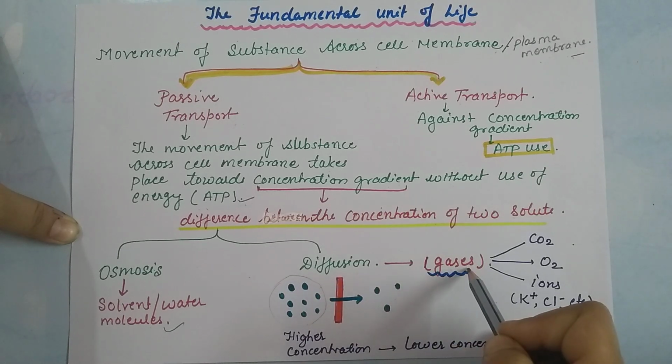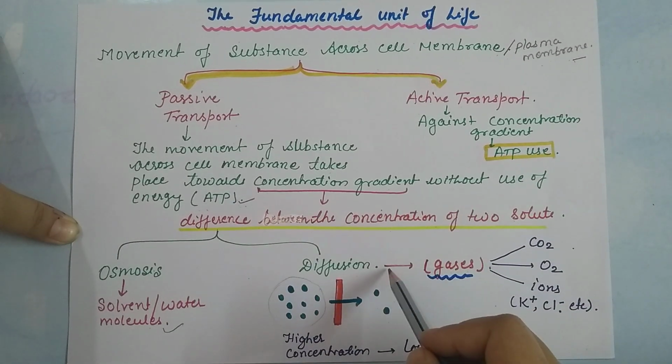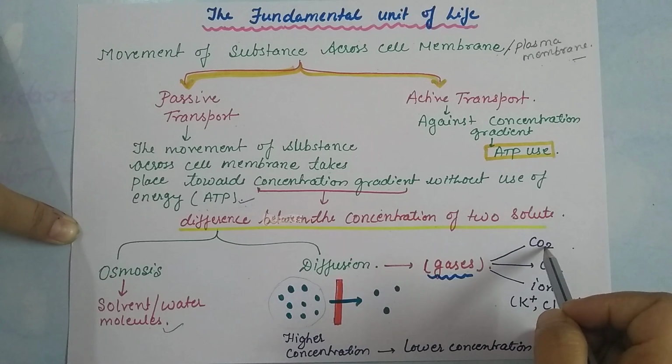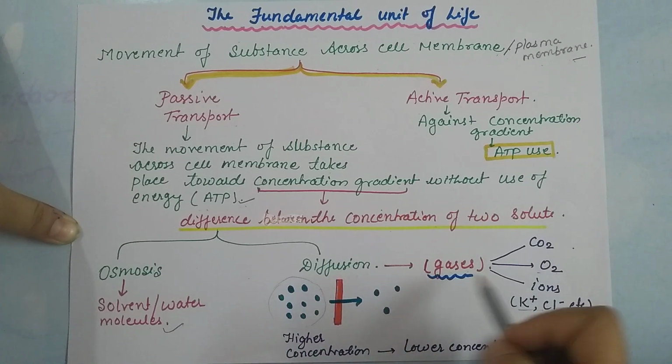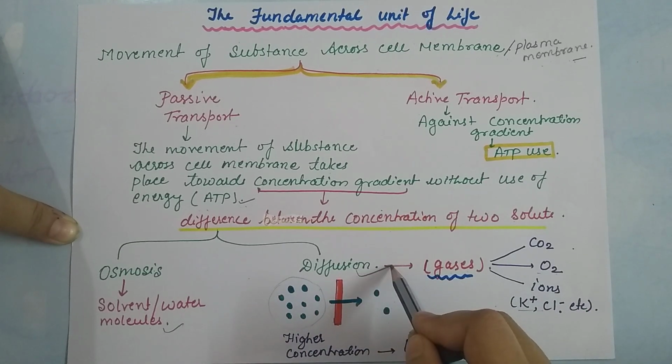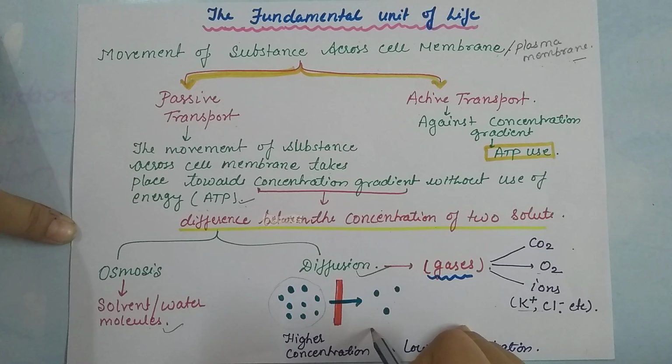Through diffusion, carbon dioxide, oxygen and some ions move across the plasma membrane. It is also a passive process, and there is no need of energy in it.